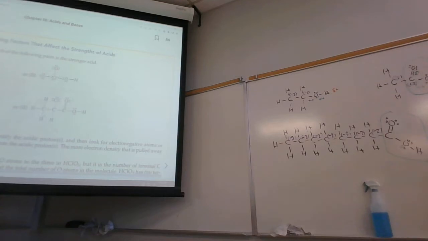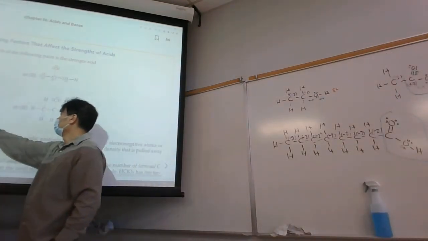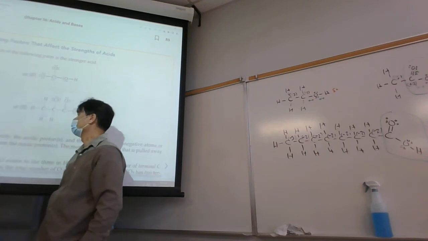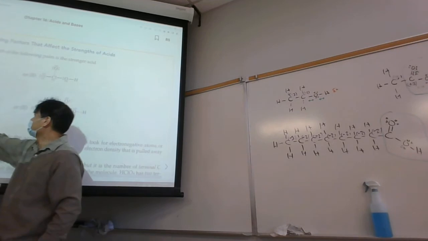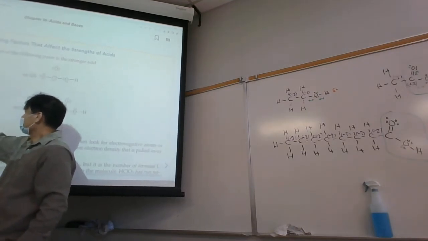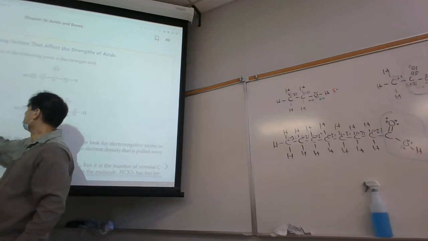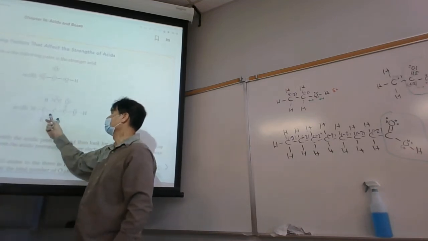Here. Let's take a look at these two here. 1 versus 2. Both of these are chloro. We have a chlorine attached to this, so this would be chloroethyl here, ethyl being 2 carbons, and this would be like chloroethyl.